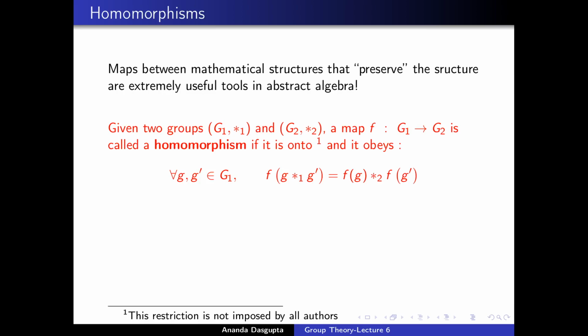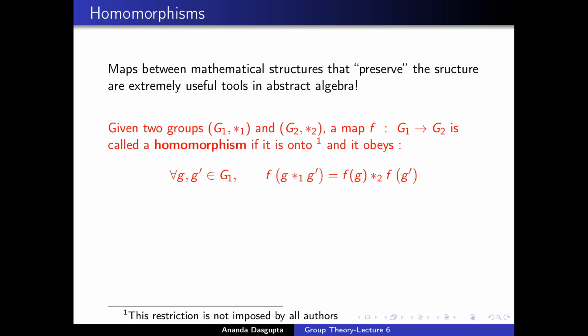So, if you have a structure preserving map, that is, f of g star 1 g prime is f of g star 2 f of g prime, which is not onto, then what you can always do is show that the image of G1 under the map is a subgroup of G2, and then you can also talk about an onto homomorphism between G1 and that particular subgroup of G2. But usually we should not have to worry about these things because most of the maps that we will deal with will be onto automatically.